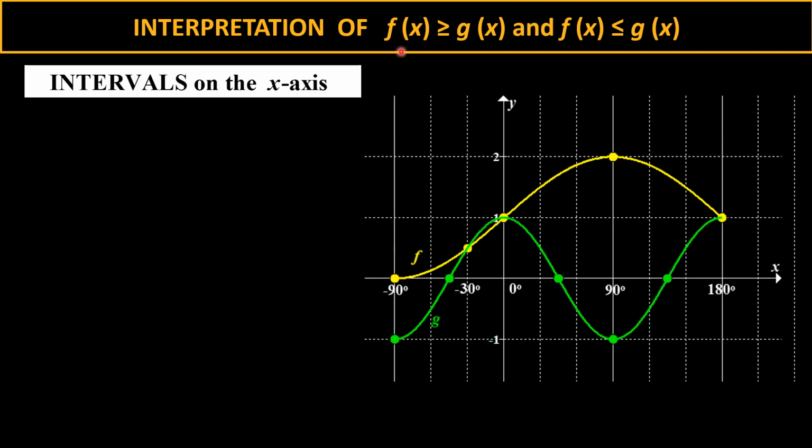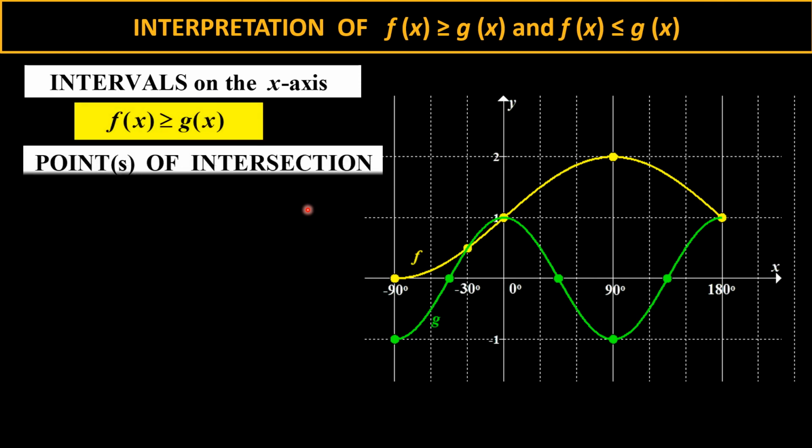Because I've got the f(x) equal to g(x), I definitely need the points of intersection. And you see the points of intersection? That's correct. There are 3 points of intersection. So I'll need the corresponding x values: negative 30, 0, and 180.